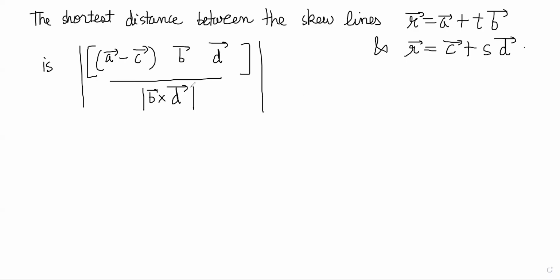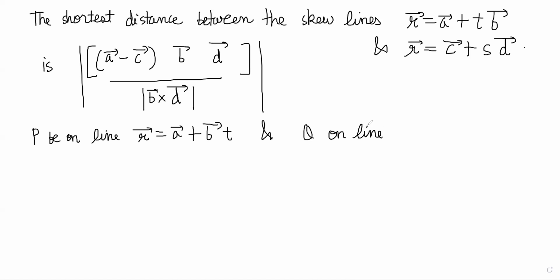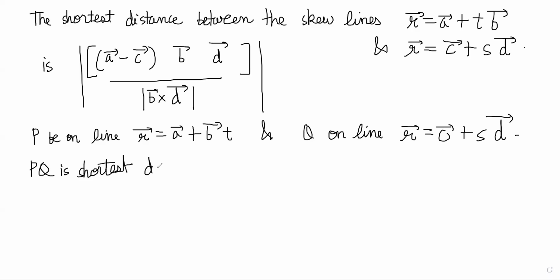So let's try to prove how we come to this formula, right? Let P be on line R is equal to A plus TB and Q is on line R is equal to C plus SD, such that PQ is the shortest distance. So that means PQ is perpendicular to L1 and L2, both the lines, right?